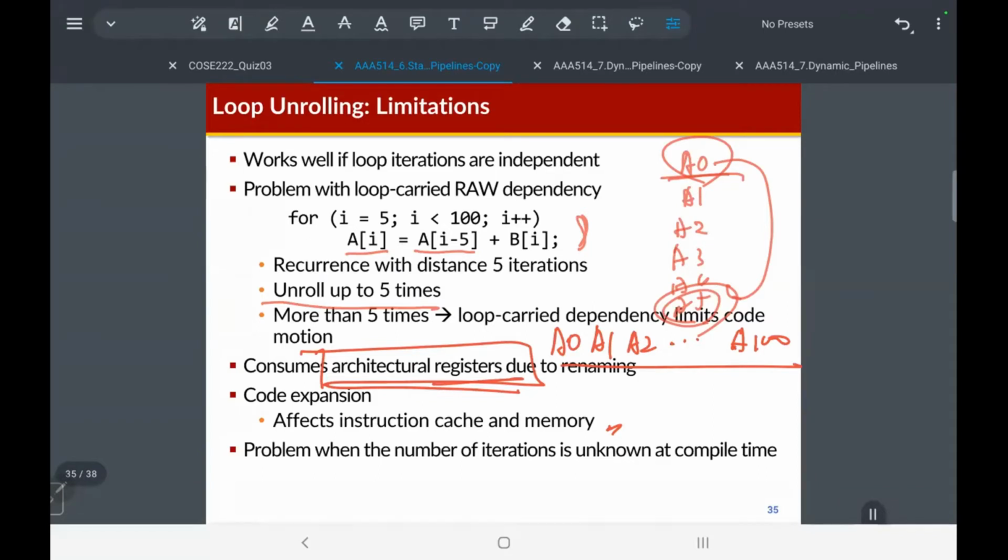But after loop unrolling is applied, the size of code can be increased because more instructions are generated after compilation. So it consumes the instruction cache or memory. Our human-written code size is the same, but when loop unrolling is applied, the code size of the compilation can be increased.